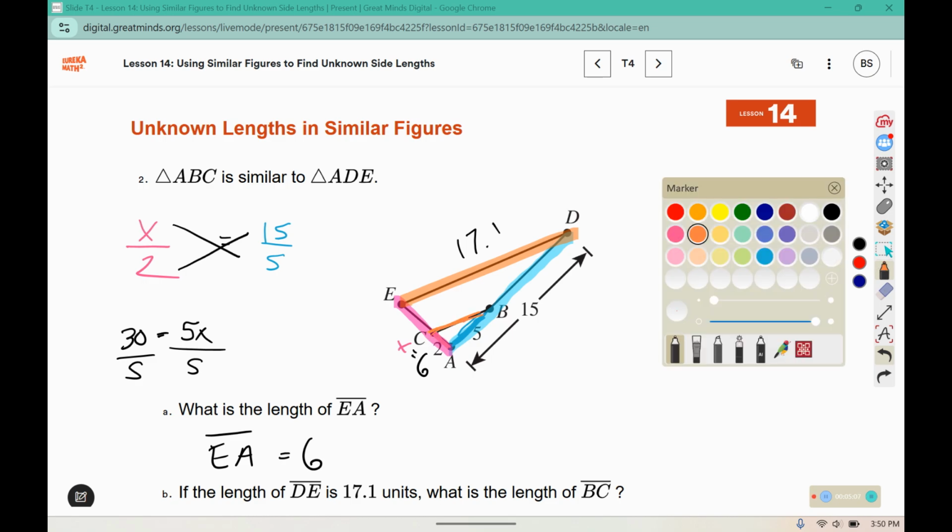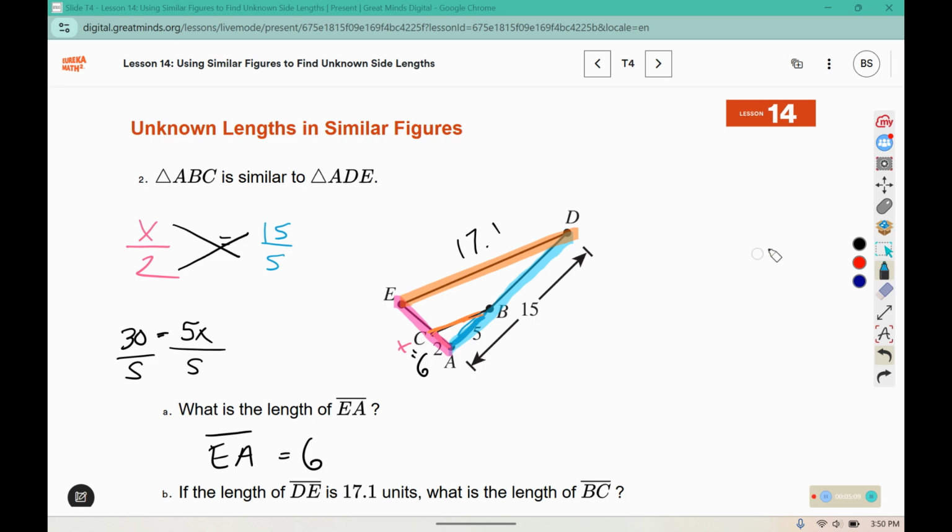We can use the same set of values here, 15 and 5, and 17.1, and this unknown here we can label with y. Cross multiplying, I get 15y, and 17.1 multiplied by 5 gives us 85.5. Divide both sides by 15.